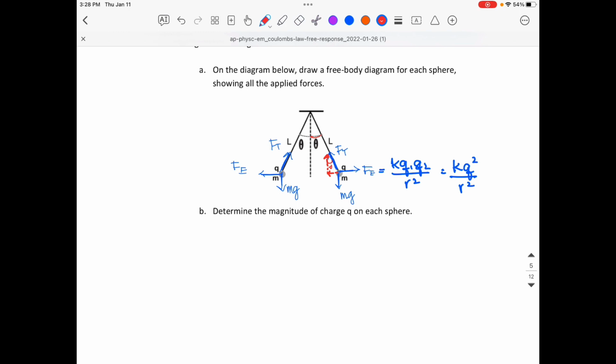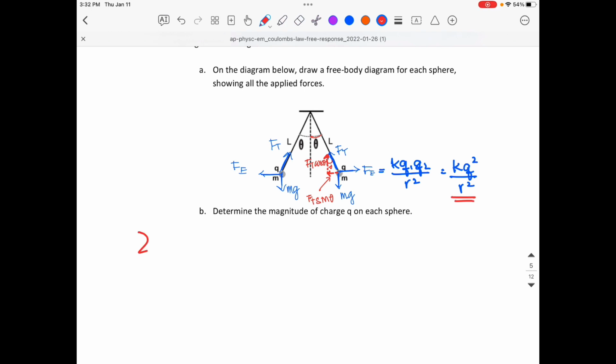So I've got force of tension sine theta, and I've got force of tension cosine theta. Okay, so let's focus on components.